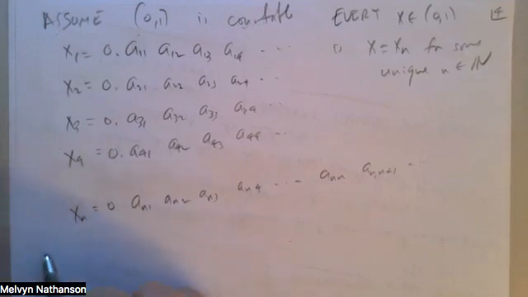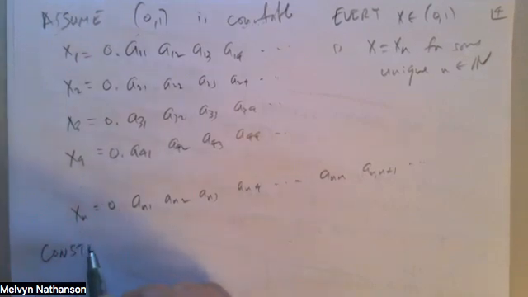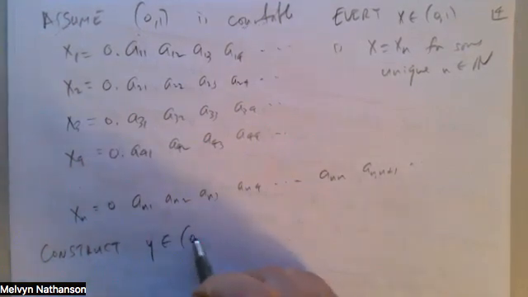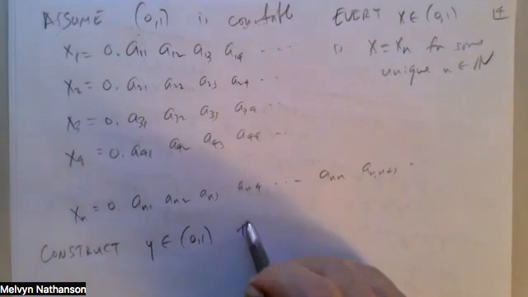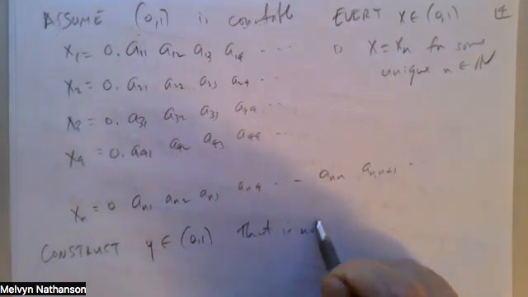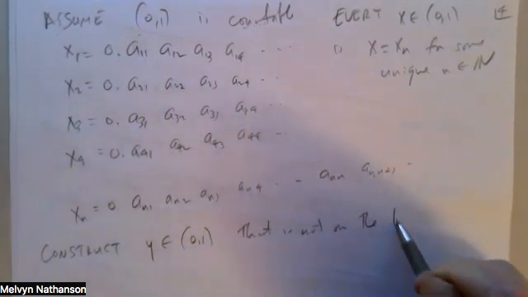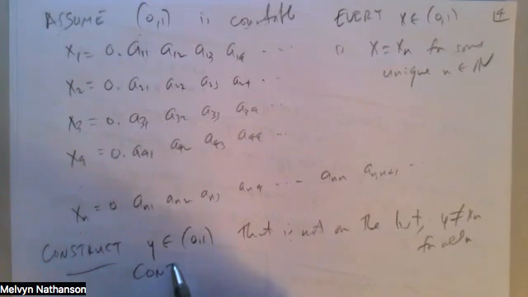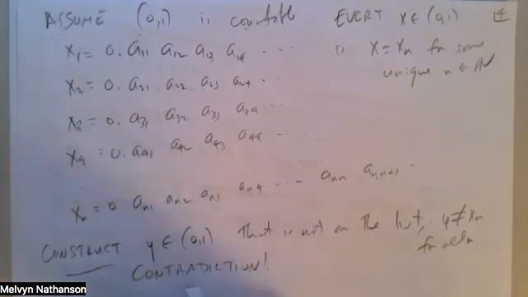And now we're going to construct a number y in (0, 1) that is not on the list. That is, y is different from xn for all n. And if I can do that, that will be a contradiction.